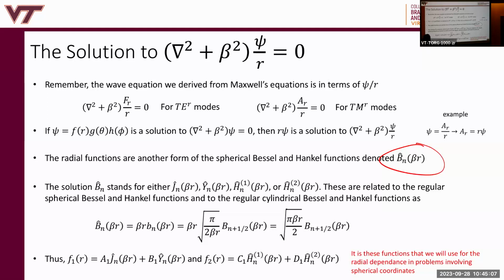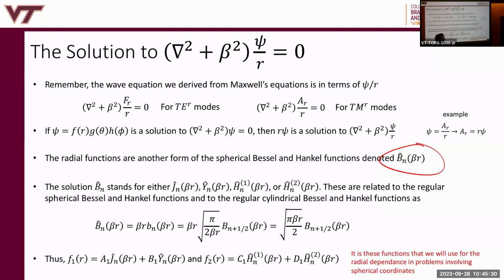They're related to the spherical Bessel functions we derived on the last slide, but we multiply by R because of this whole thing over here. So beta R times this is this. Thus, for F1, only the R expansion is modified, it is really A1 J_n hat plus B1 Y_n hat.